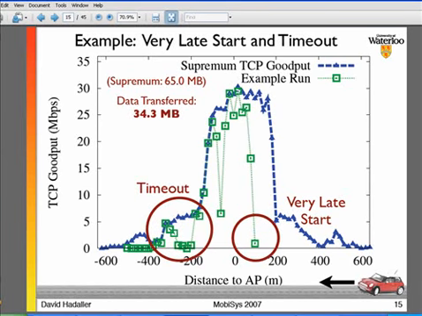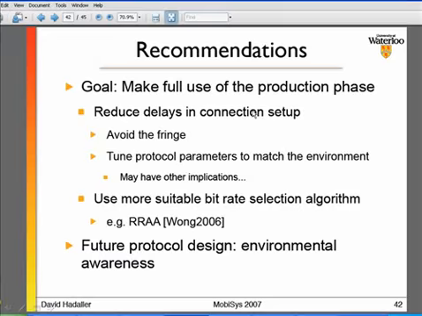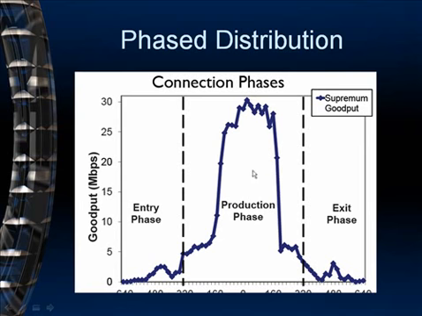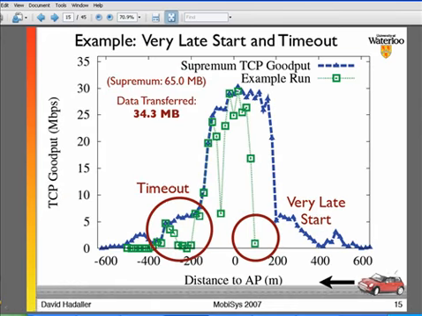As you can see, even in the production phase there can be problems like a very late start, and then exit before the production phase. So what it means is, in the production phase also it can happen that a car starts transferring data at this stage and stops transferring data at this stage, because either it is not able to connect or it is not able to transfer data. What are the problems of that?